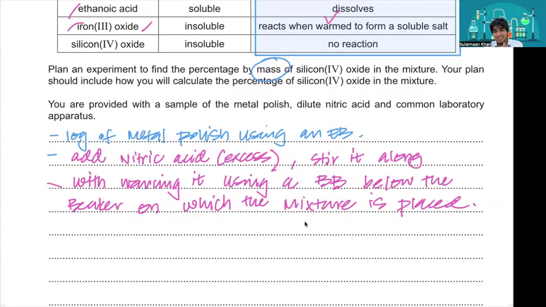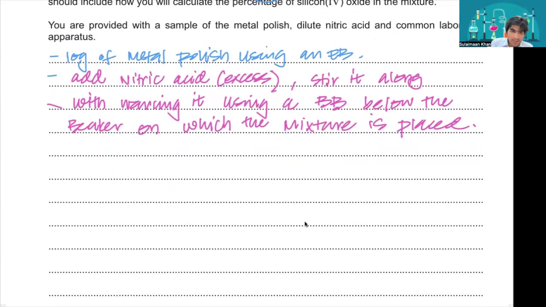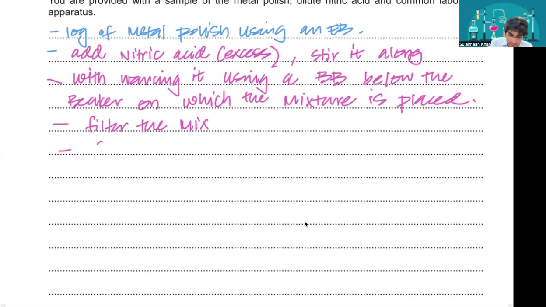You guys need to do questions. Amna, I think this is one of the last questions. So you do this, and then what do you do? You filter the mixture. SiO2 is obtained as residue.